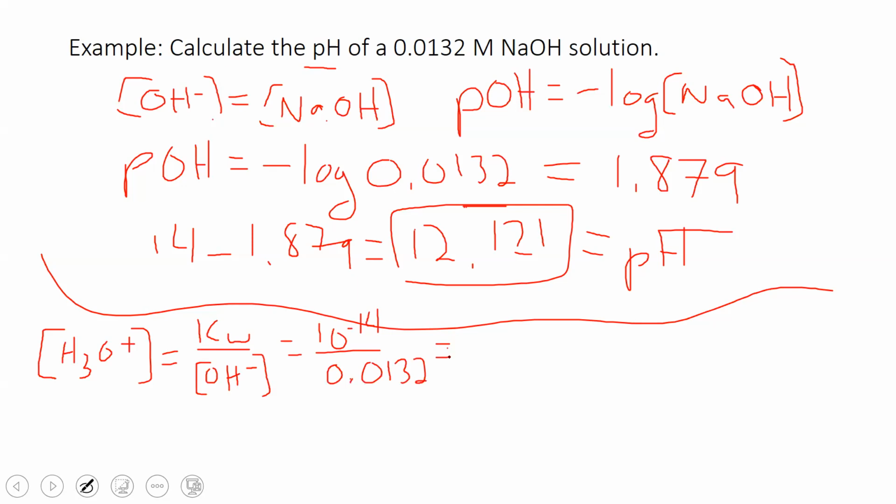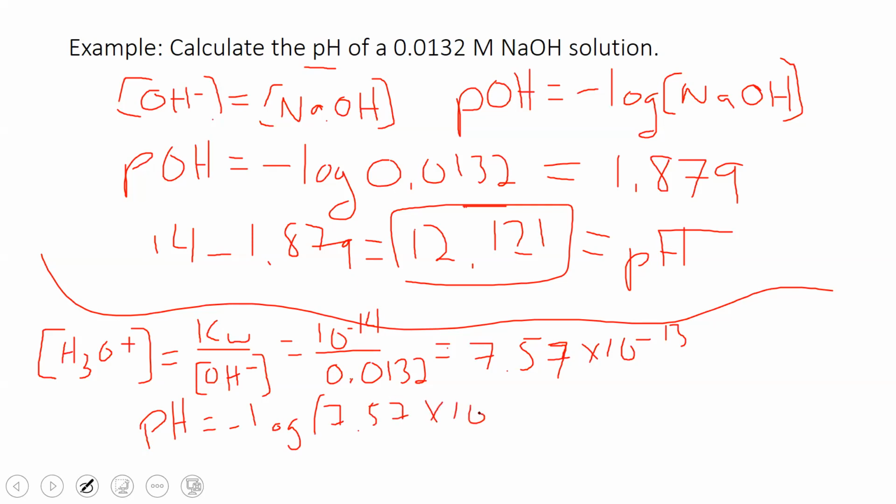And so you do that, and you get a value of 7.57 times 10 to the minus 13. And if you now take pH will equal negative log of 7.57 times 10 to the minus 13. And you get same value.